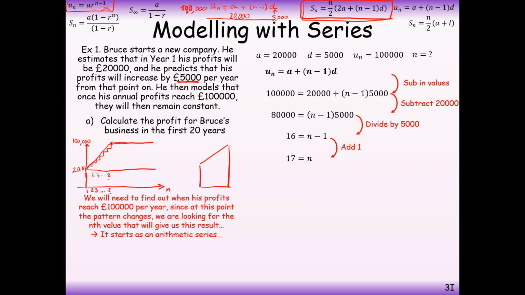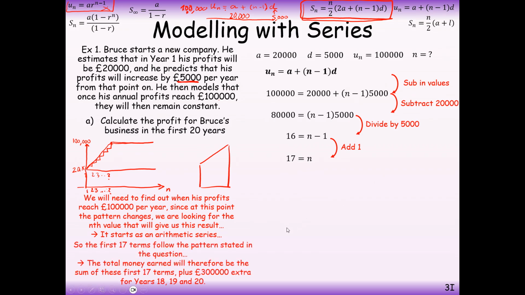We use n equal to 17, and for the last 3 years we simply add £100,000 for each of the last 3 years. So £100,000 times 3 will be £300,000. That's the last step of our calculation, because years 18, 19 and 20 are where the profits have flattened out.